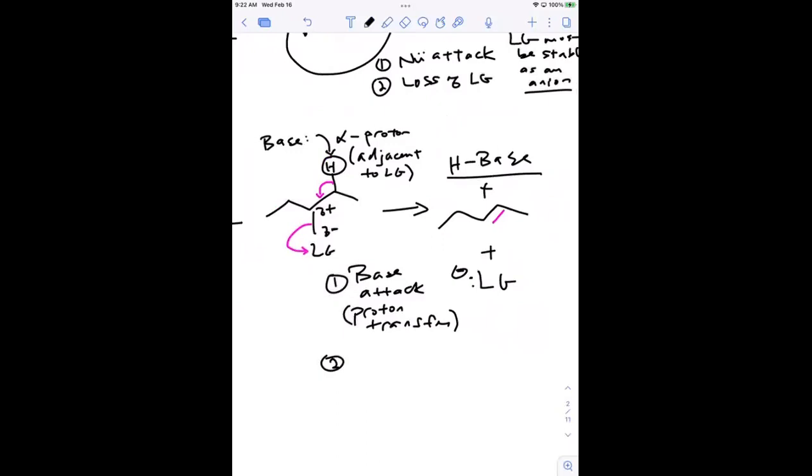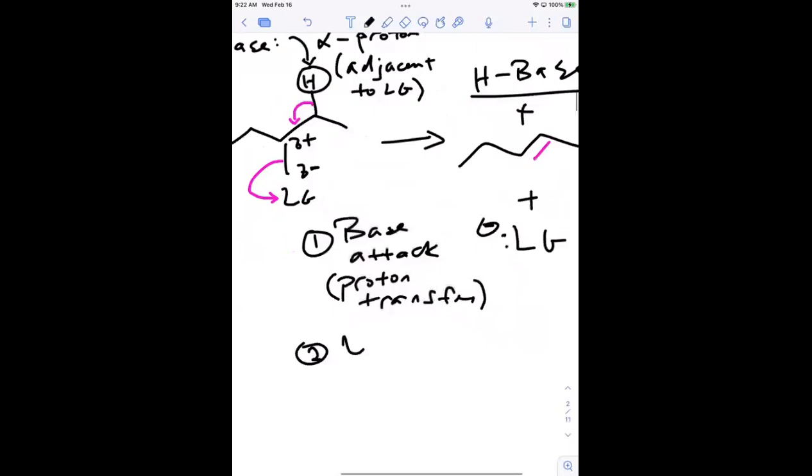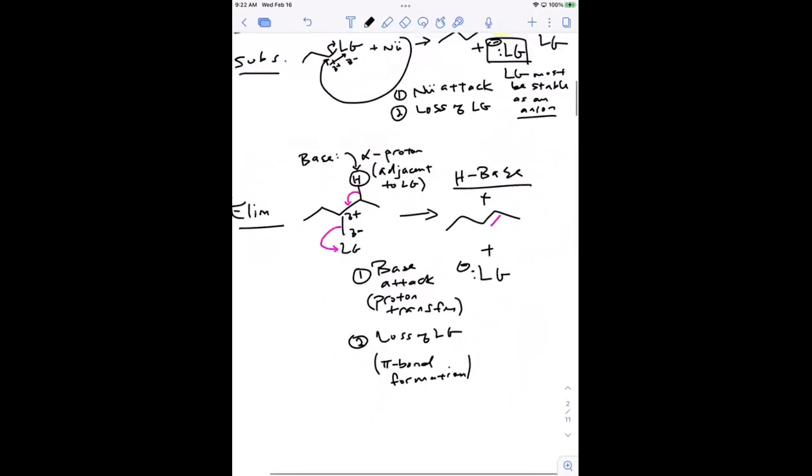The formation of the double bond, which occurs when I lose the leaving group. So I'm just going to say pi bond formation. Notice the loss of leaving group is common to both substitution and elimination.